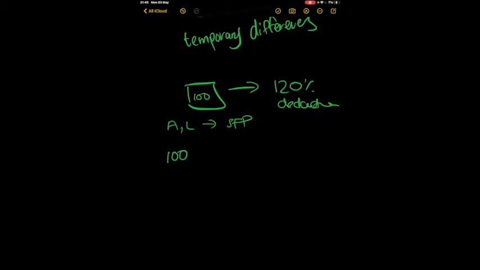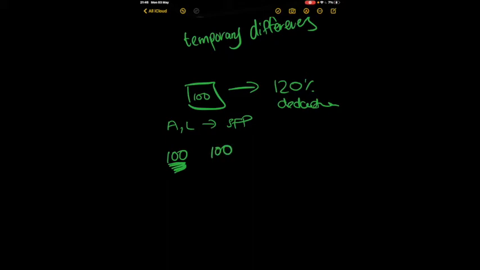When we think about the tax base, there are actually two things going on here. Firstly, we are going to be given an allowance for the full 100, but we are also being given an allowance over and above the cost of the asset. So if we're just looking at the asset itself, this 100 sitting on the statement of financial position, we can say that our future deductions here are going to be 100.